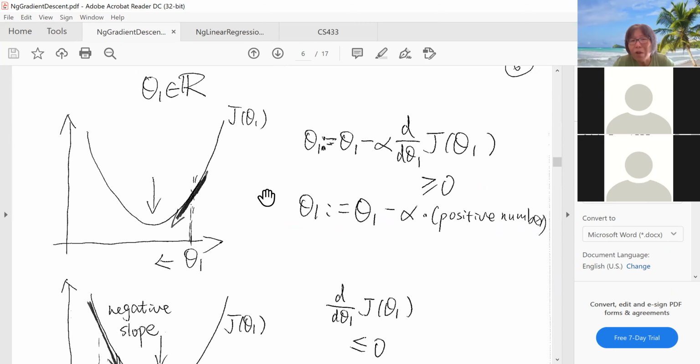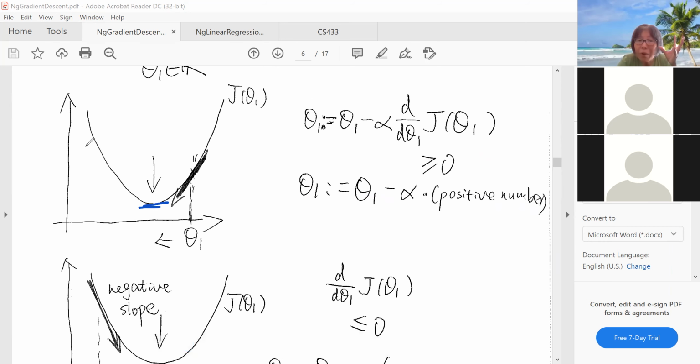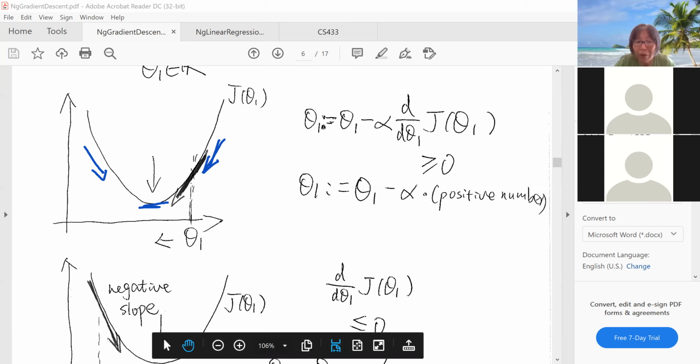And over here it also explained that because the cost function is quadratic, it's convex, bowl-shaped. So it can approach from the left side, and can also approach from the right side. No matter what, from both sides, you can always reach the minimum point.